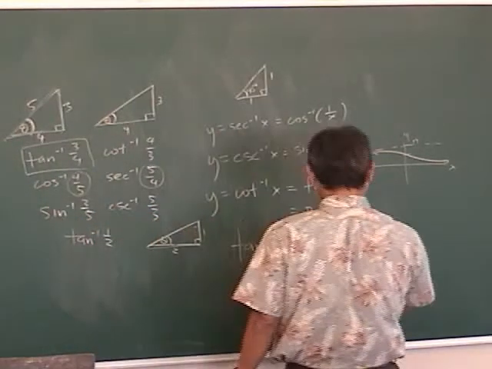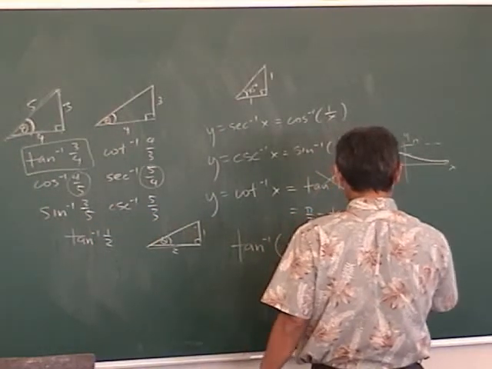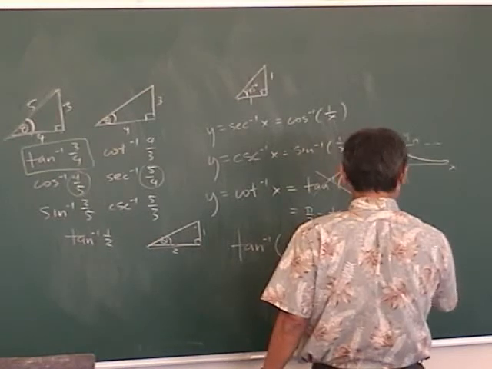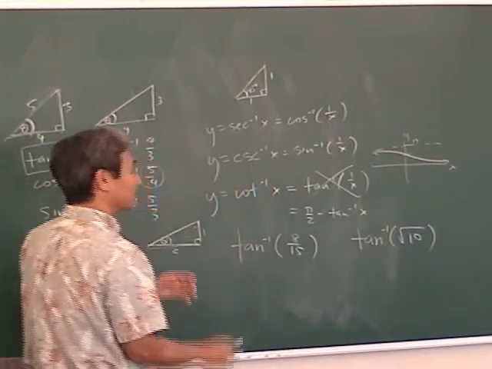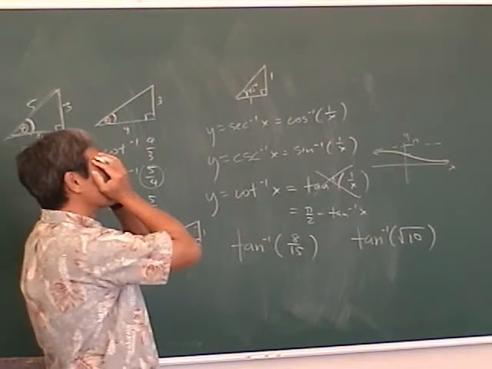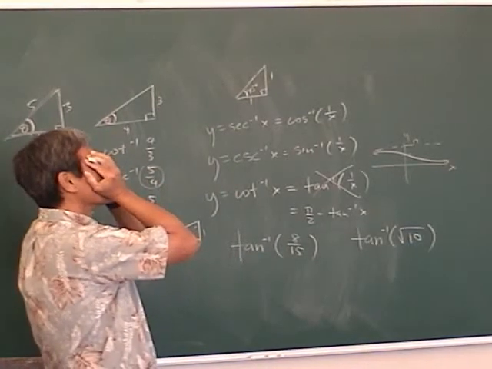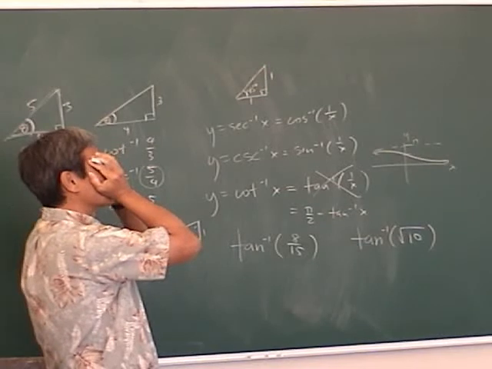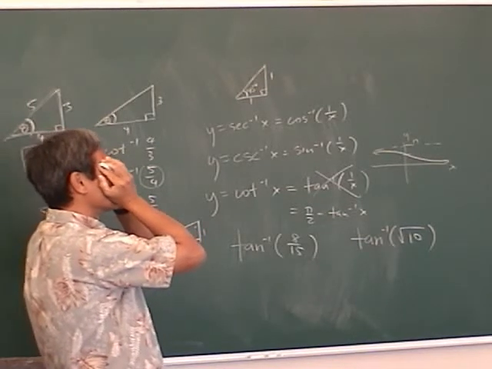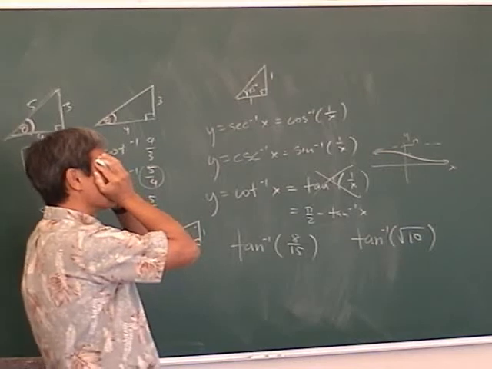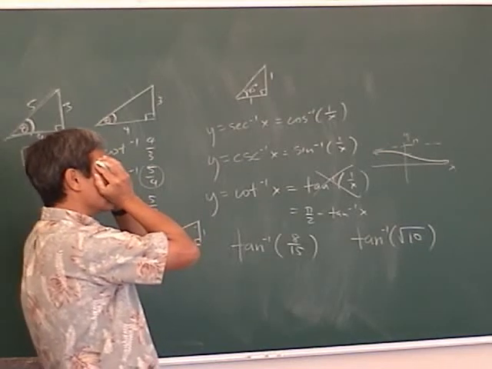Okay, then here, tan inverse, I don't know, root 10. It helps to know that radical 10 is approximately 3.162. But we already know tan inverse 3 is 72 degrees. So it'll be a little bit bigger, but how much bigger? Just a little bit.